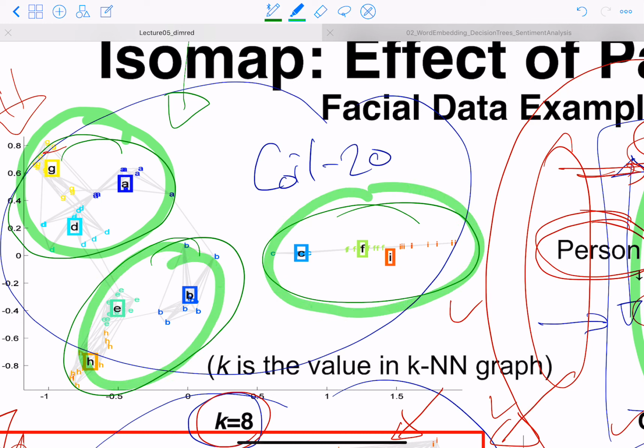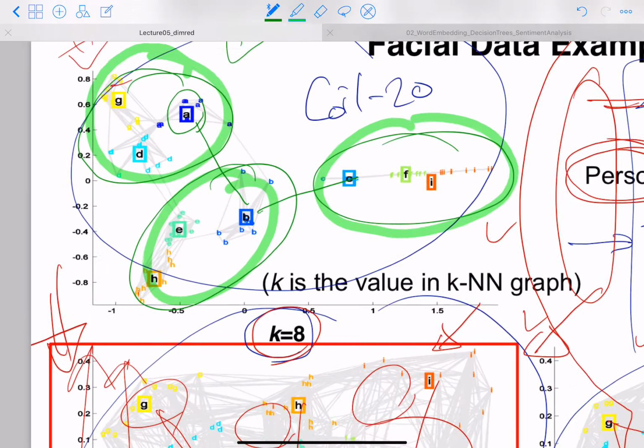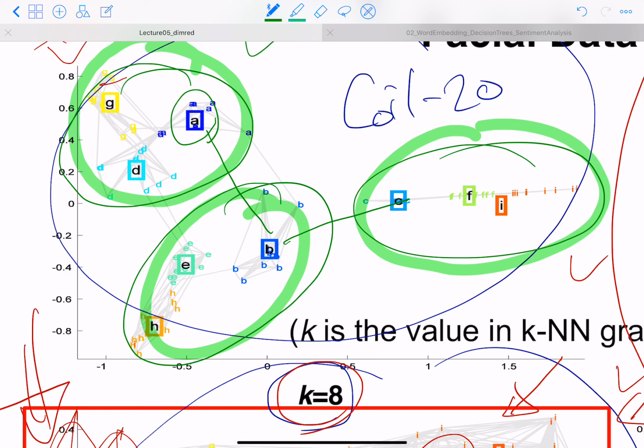Because this one, this one, and this one, A, B, and C, are the same person, right? But with a different angle.